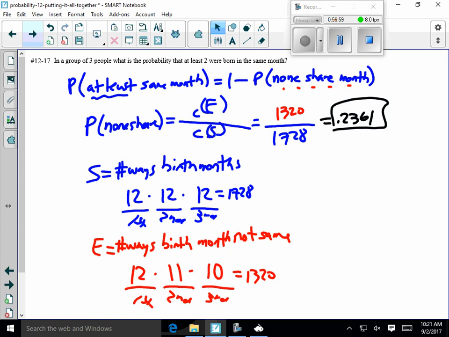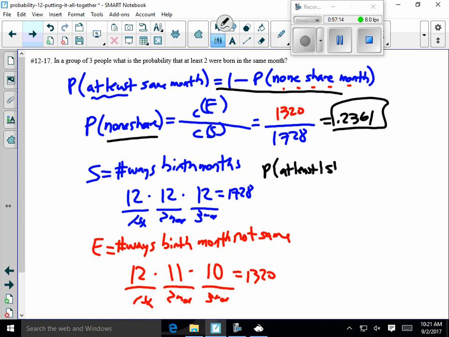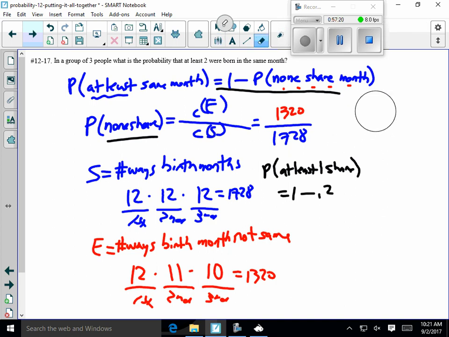So if you have 3 people and you're just considering the month of their birth, there is about a 76% chance that none of them share, but we haven't finished the problem yet, right? We still have to do the complement. So that's the probability that none share. So the probability that at least two share the same birth month would be 1 minus 0.7639, which turns out to be 0.2361. Sorry, I wrote something down wrong from my notes.